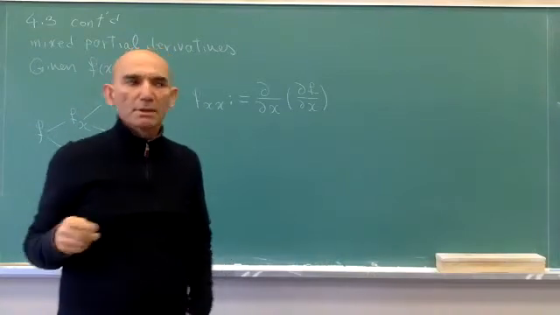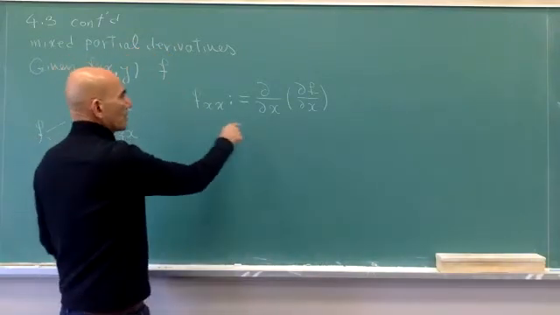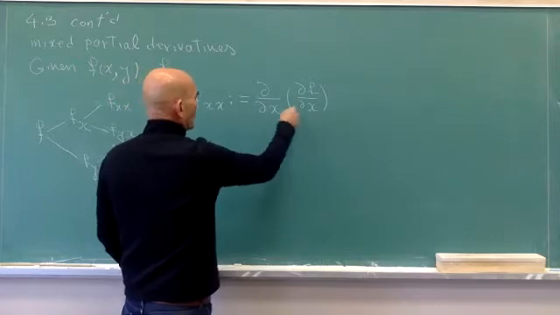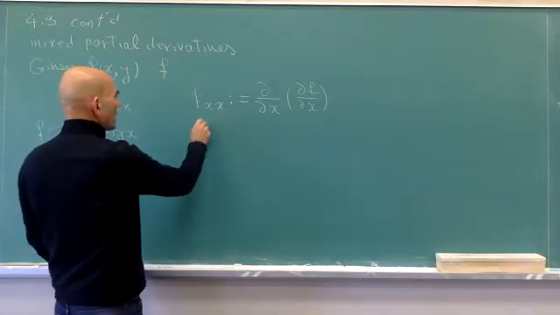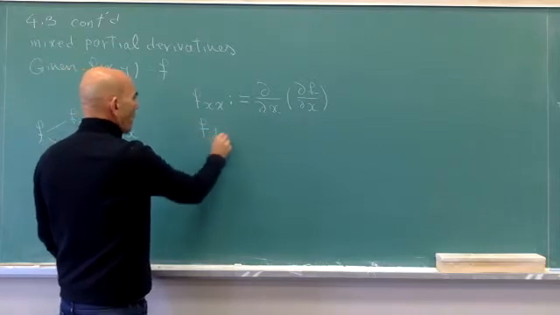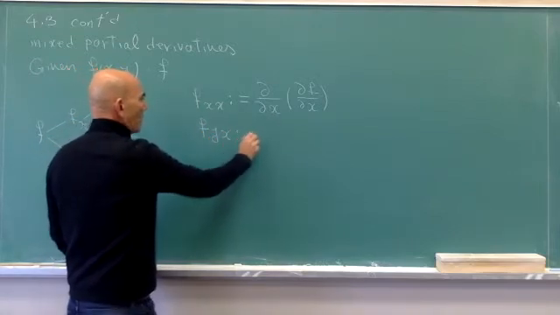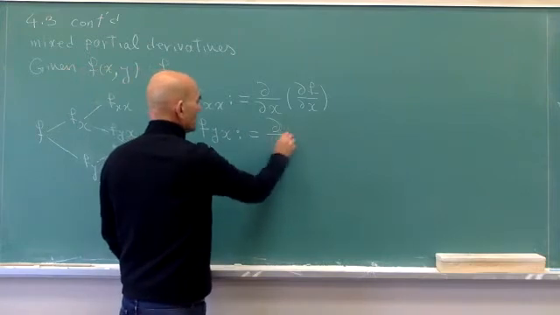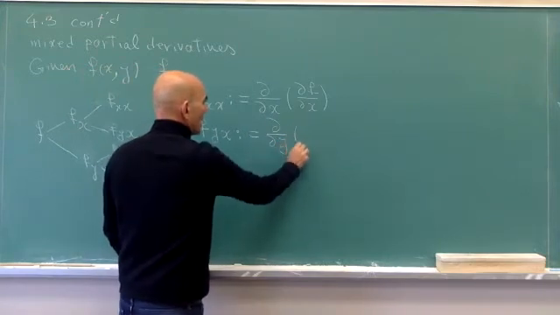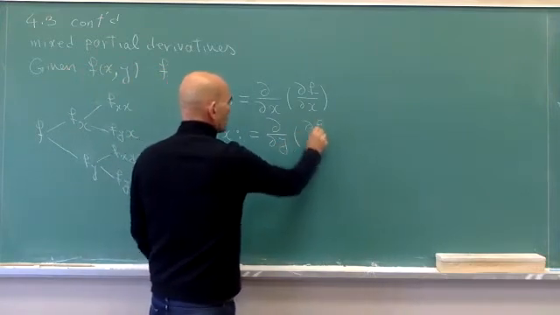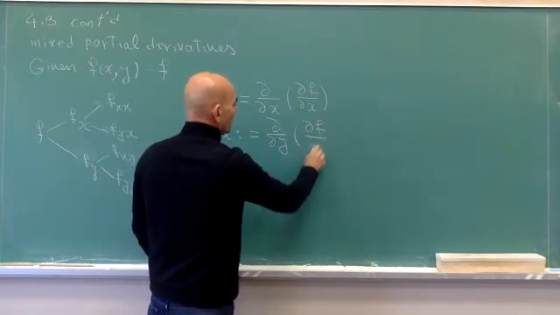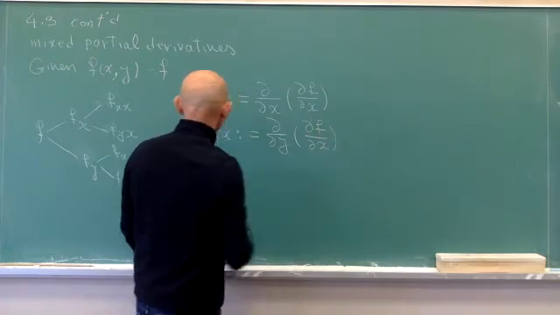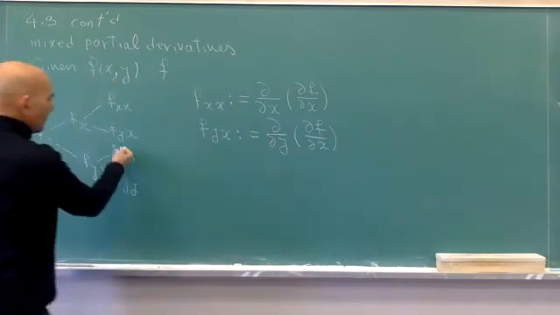It's a good notation, because writing it out in full would take forever, but this is simple. And by the same token, f yx, by definition, is the partial derivative with respect to y of the partial derivative of f with respect to x. And of course, similarly for this.